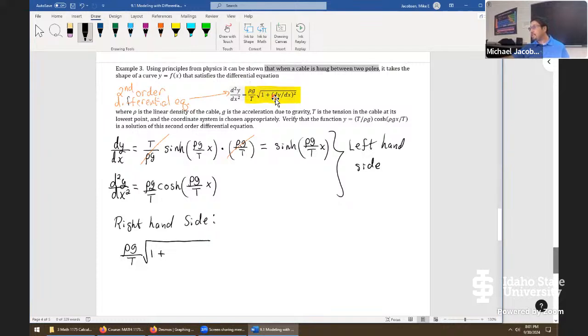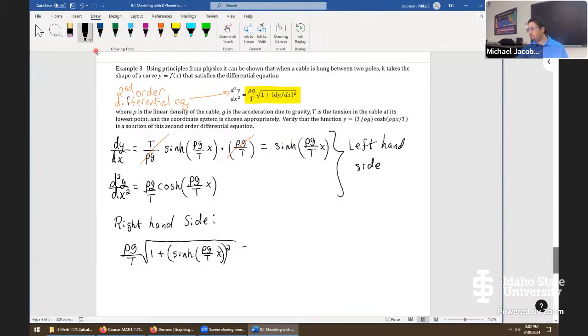Now, taking this portion right here, raising it to power 2 just means we are taking that first order derivative, hyperbolic sine of rho g divided by t x, all to power 2. Two parentheses, and that's finally the right-hand side. All I've done is inputted this first order derivative that's simplified to here.